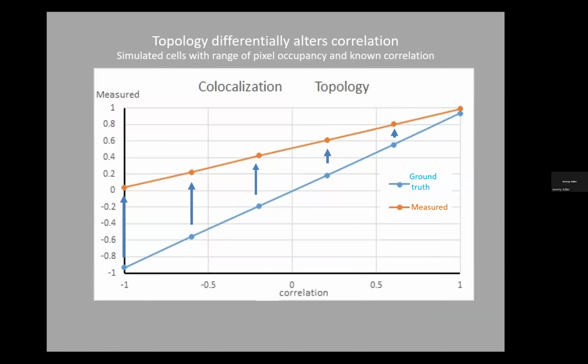Here is some simulated cells where we've made the measurements. So here is the ground truth. Here is the actual measured value. So what should be a nice negative correlation becomes 0 or positive because of the correlation created by the varying amounts of membrane in each pixel.